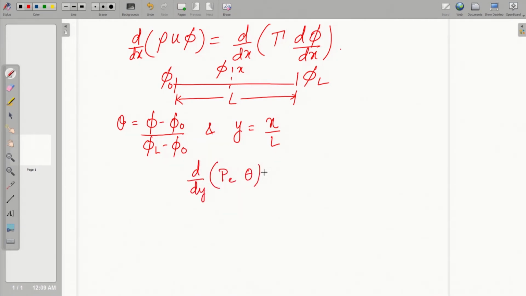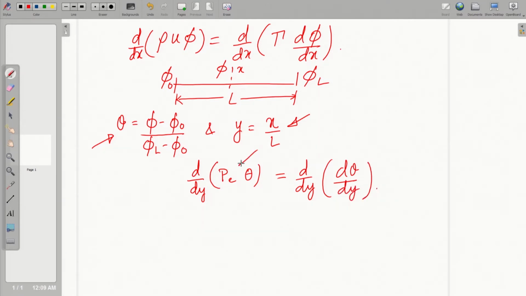We have d dy, where y is essentially the non-dimensional length scale now, applied on the product of the cell Peclet number and theta, and that is equal to d dy of d theta dy.